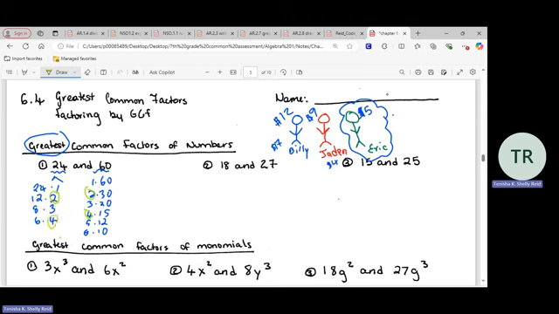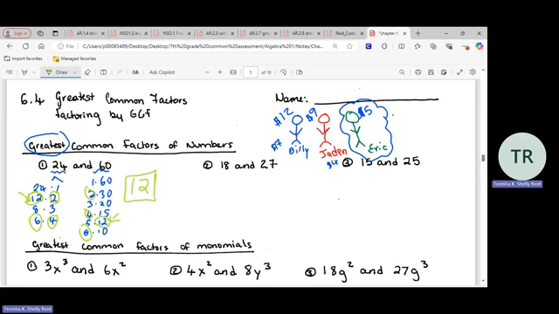They have 4 as a factor in common, but it's not the greatest. 6 is a factor they also have, but not the greatest. The greatest common factor is one of these bigger numbers here. It's going to be 12. 12 is the biggest number they both have in common. So it's the greatest common factor. The answer is 12.